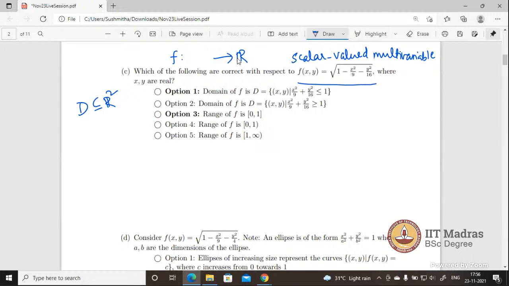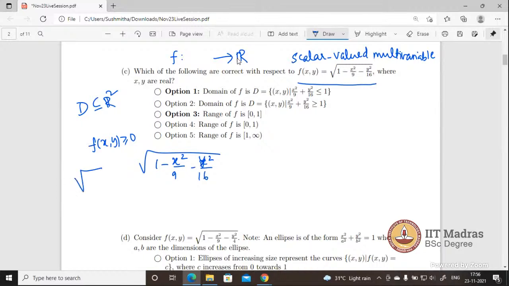Is it necessarily that f of x comma y is greater than or equal to 0? No, that's not the case. There is a problem with the definition within this square root: 1 minus x squared by 9 minus y squared by 16.